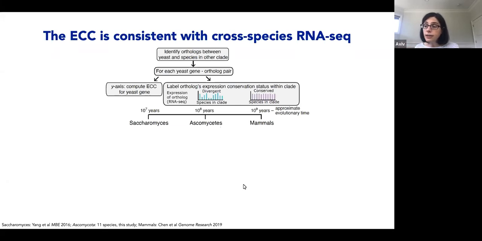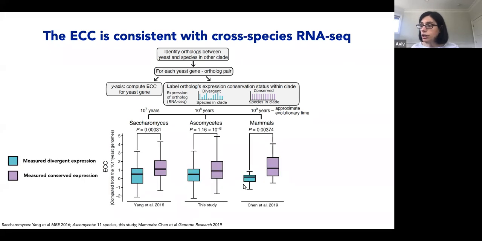And on the other hand, we're going to use the cross-species RNA-seq of these orthologs in order to identify which genes have significantly conserved expression, either within Saccharomyces or within Ascomycota, or even within mammals, and which have significantly divergent expression. And then in each case, we find the genes with a conserved expression have higher ECCs than those with divergent expression, going all the way to mammals.